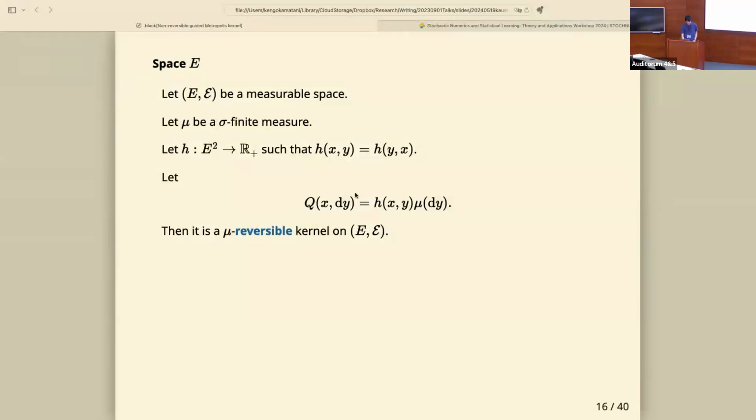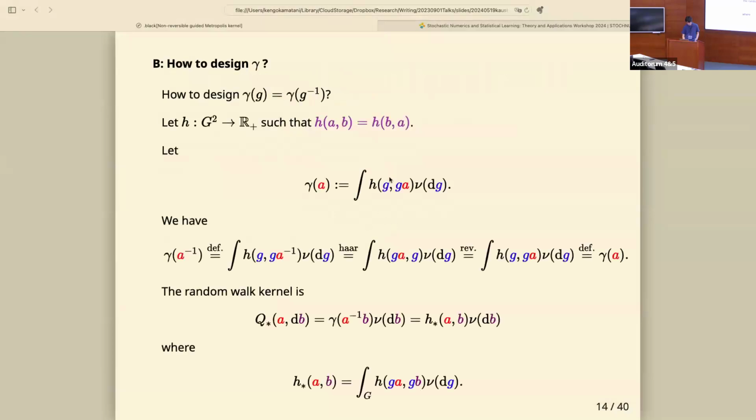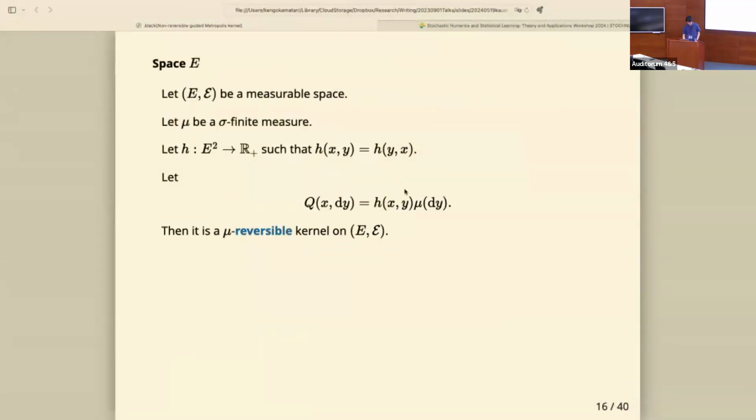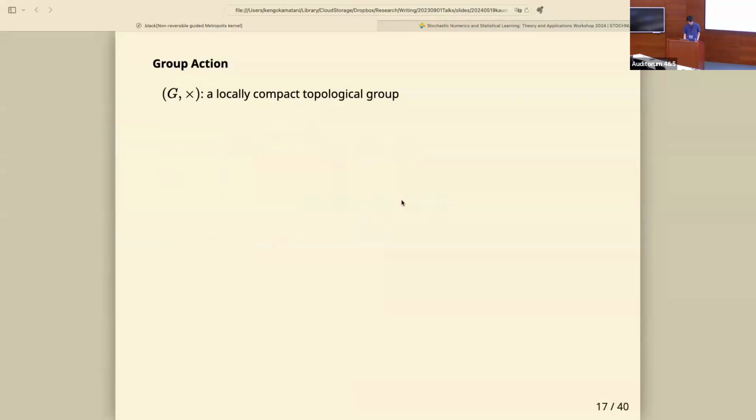And we want to imitate this construction. So we want to consider a mixture of H and some measures. So let's move on. We have H, so next is how to consider the mixture. We introduce a locally compact topological group.